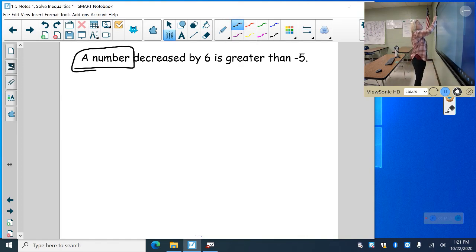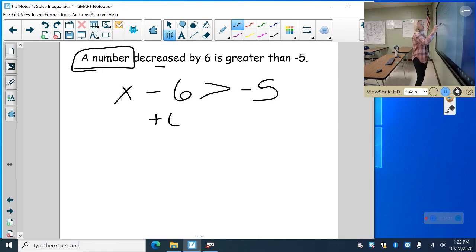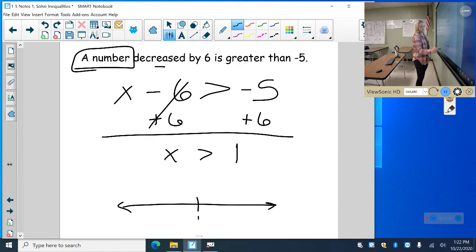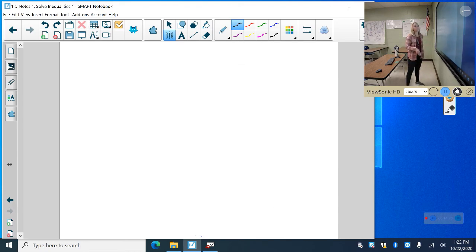Well, remember I said when you see the word a number, we just know that stands for a variable. Decreased means minus, so x minus 6 is greater than negative 5. So we're going to add 6 here. So x is greater than 1. Graph it. Open dot, arrow to the right. And that's it.